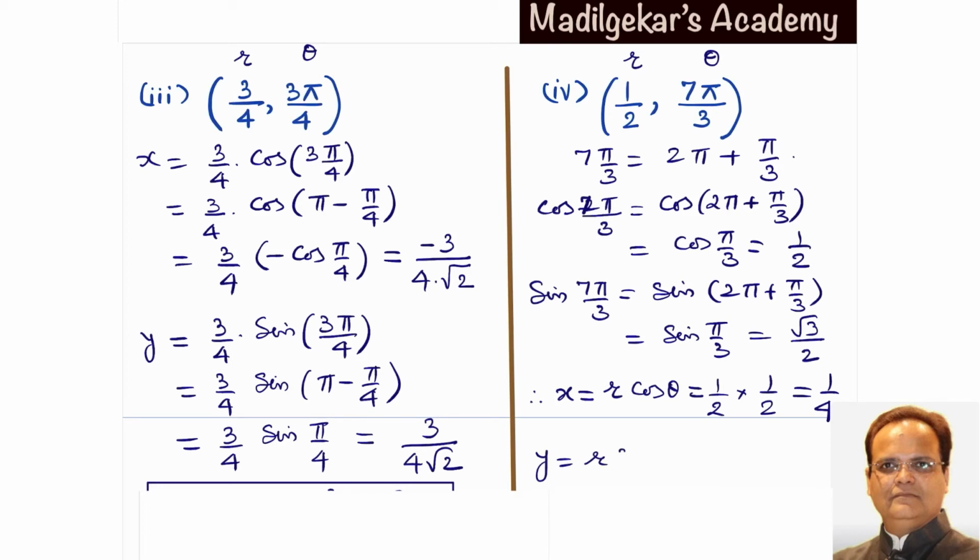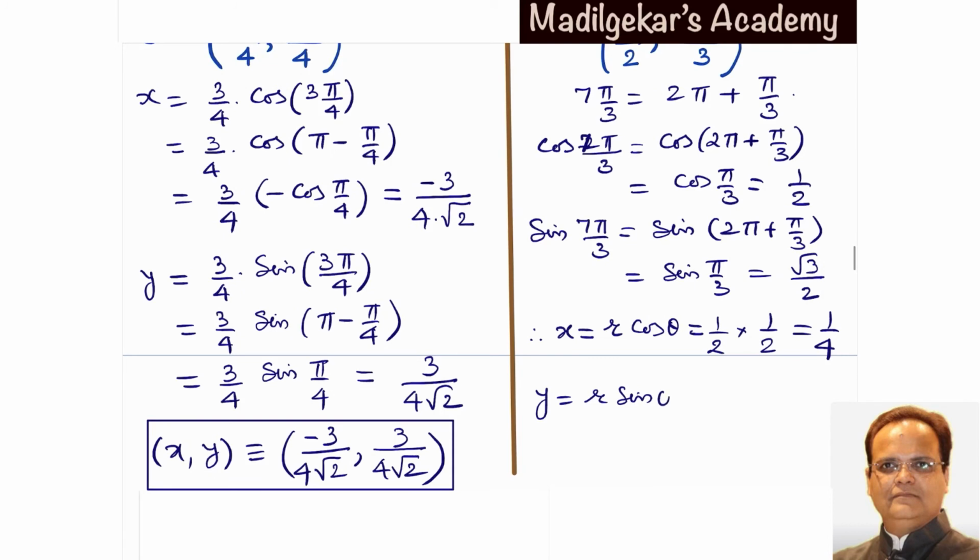Y is r sin theta, that is 1 by 2 into sin theta, means sine of 7 pi by 3, which is root 3 by 2. That is root 3 by 4. So the required coordinates are 1 by 4 comma root 3 by 4.